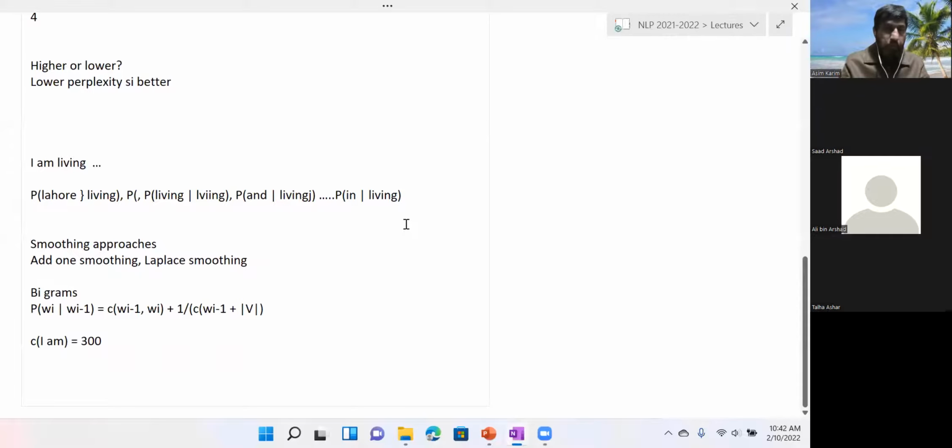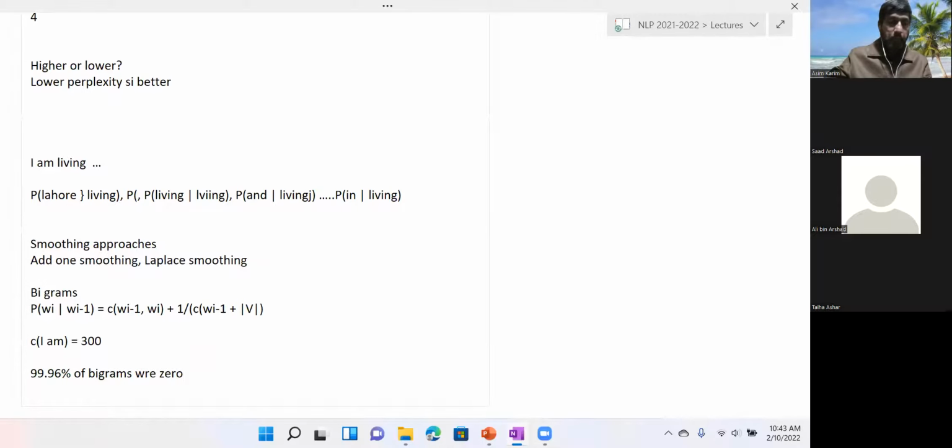So remember the Shakespearean corpus. 99.96% of bigrams were zero, right? Meaning they did not occur in the corpus. And if you create the 2D table, you will have all combinations.